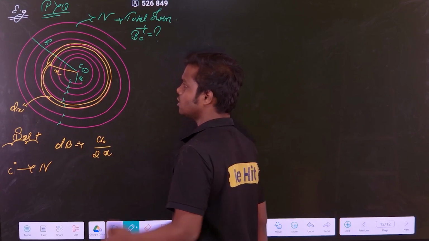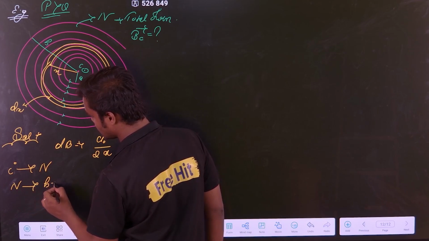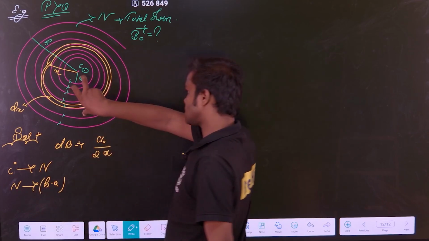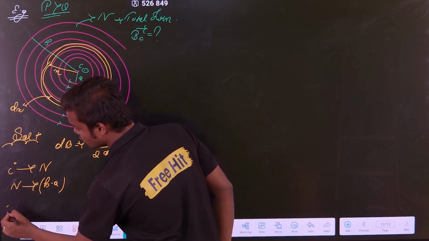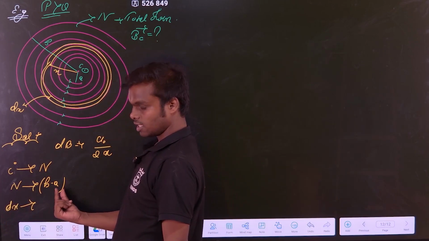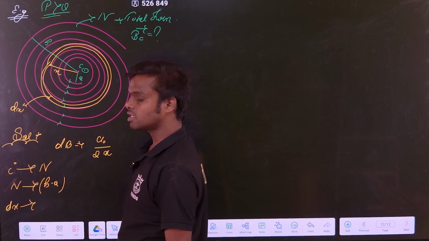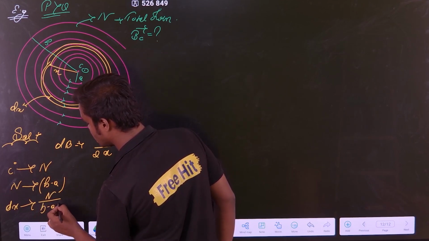Obviously. N turns are present in b minus a width. So in dx width, how many turns are there? That will be N upon b minus a into dx.